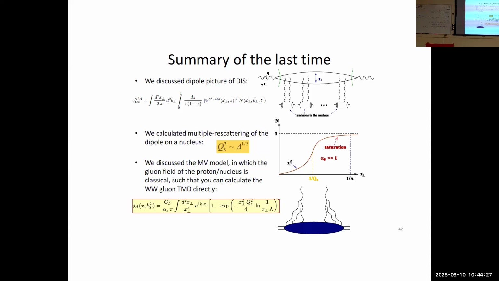This result here is this two-gluon exchange contribution to the dipole amplitude N. We called it N lowest order. We had the cross section due to the two-gluon exchange with the nucleon contributing to the dipole amplitude, right?